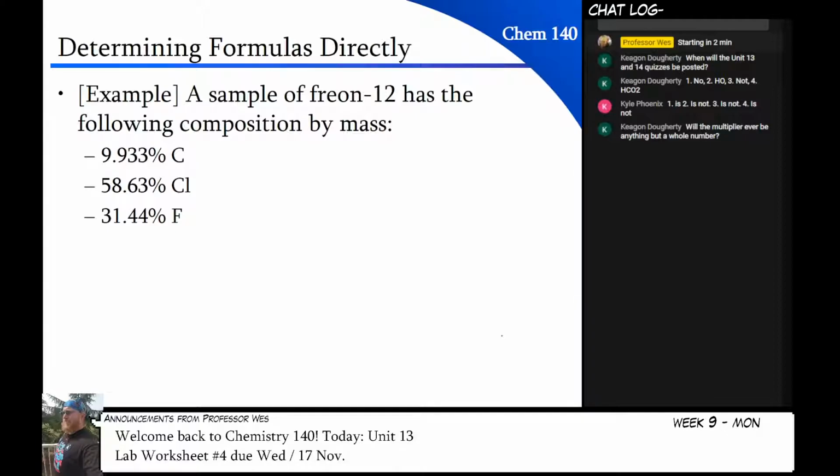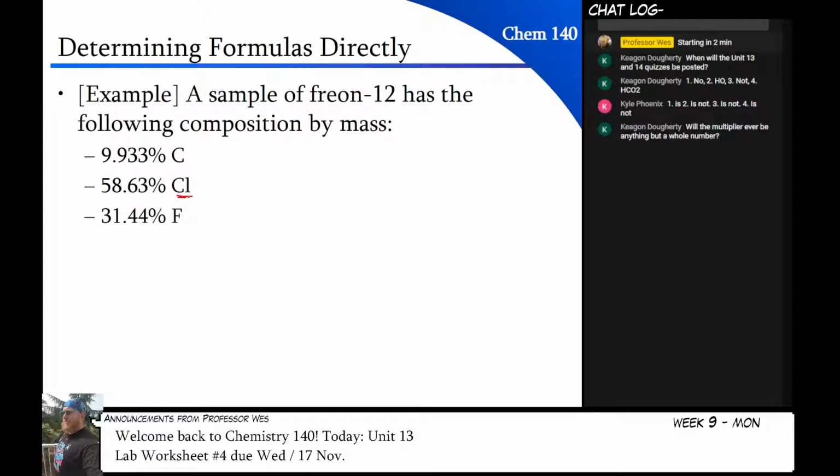You can read about the ozone crisis and the growing ozone hole over Antarctica due to the use of refrigerants like that later. But Freon 12 is a gas that exists, and it has a formula with C's and Cl's and F's. Note that this is a chlorine, not a carbon iodine.